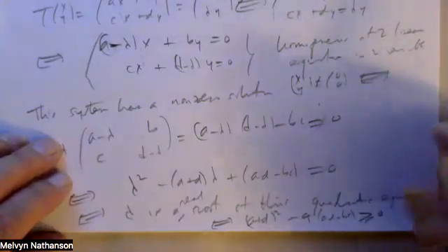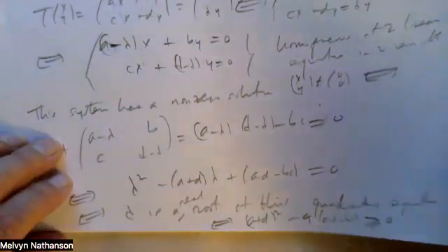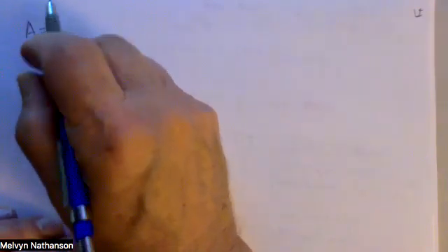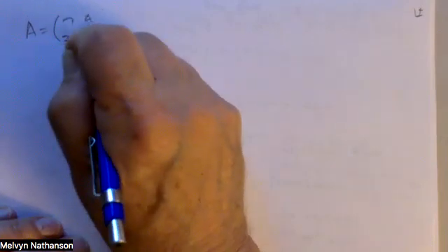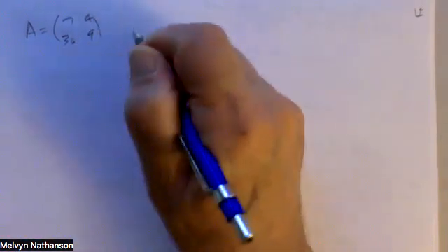So let's look at an example. And this is exactly the type of problem that you will see in the homework and on the final exam. Suppose I take the matrix A to be 7, 4, 30, 9.